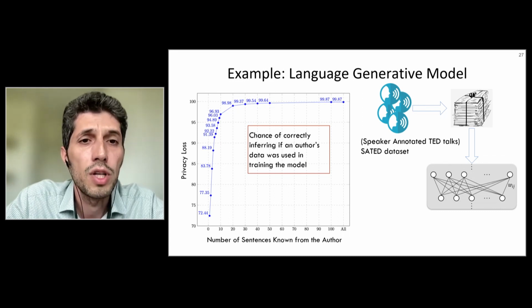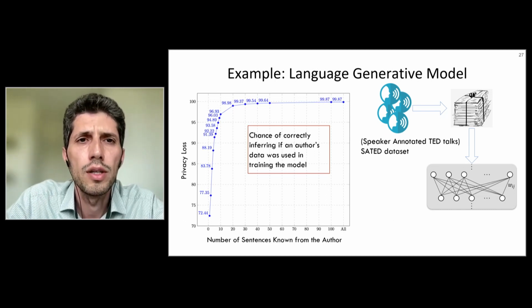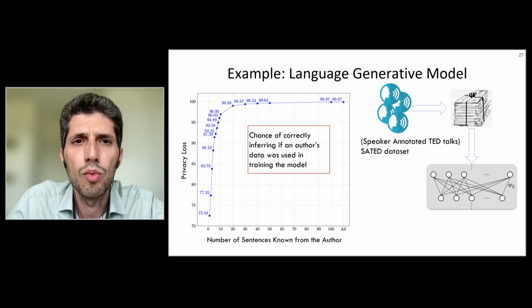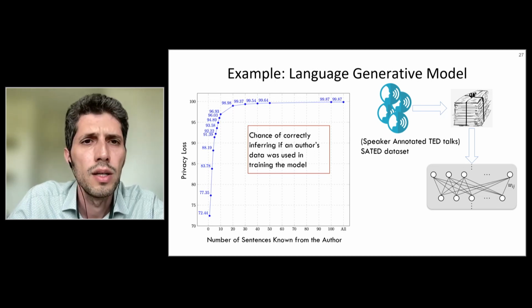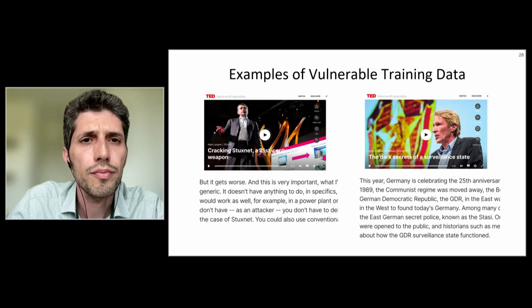So if you have samples from speeches of an author, as that number increases, we see that the privacy loss goes up, and it's very easy to identify whether certain documents were there in the training set. This is crucial, especially for organizations when there are lots of sensitive documents around.